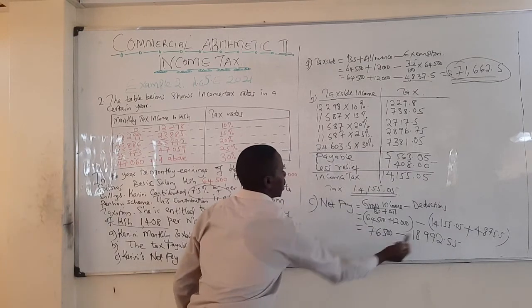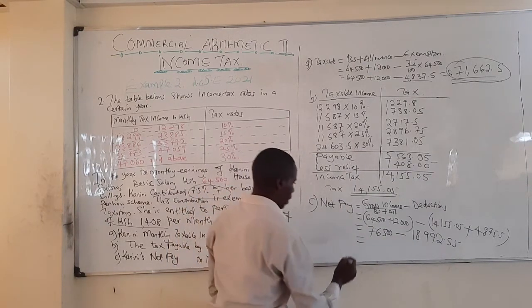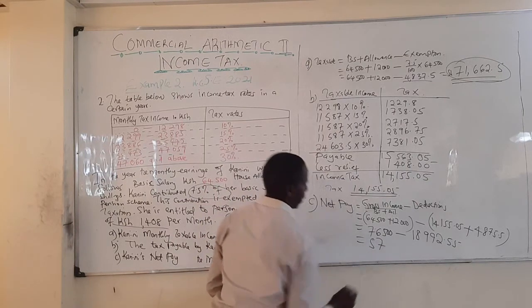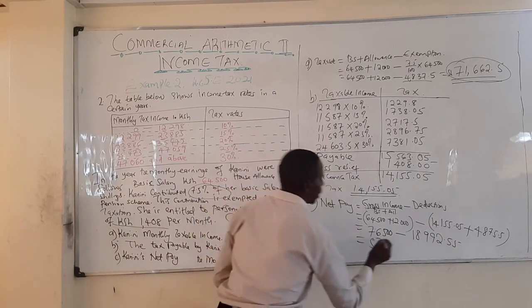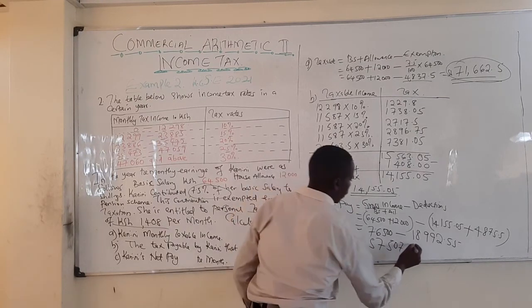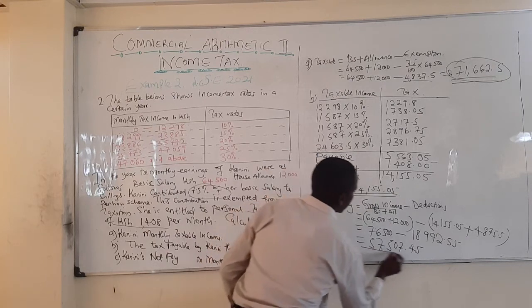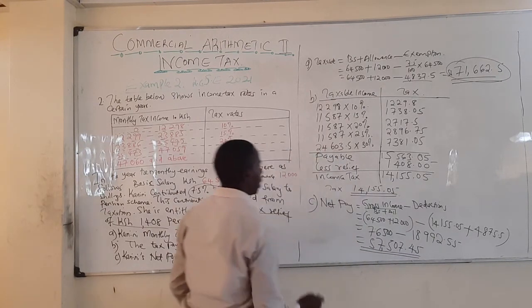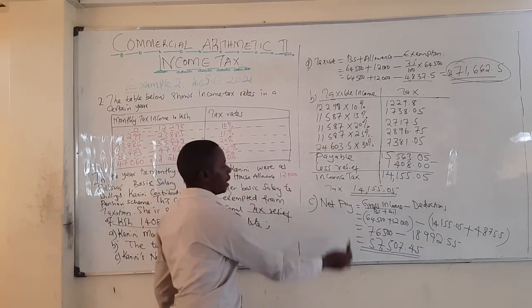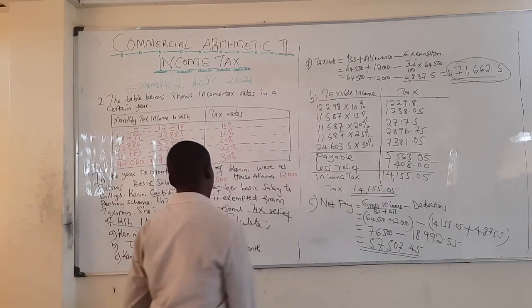Then we subtract the two, we are going to get 57,469.95. So that is the net pay that reaches Kanini after deductions.